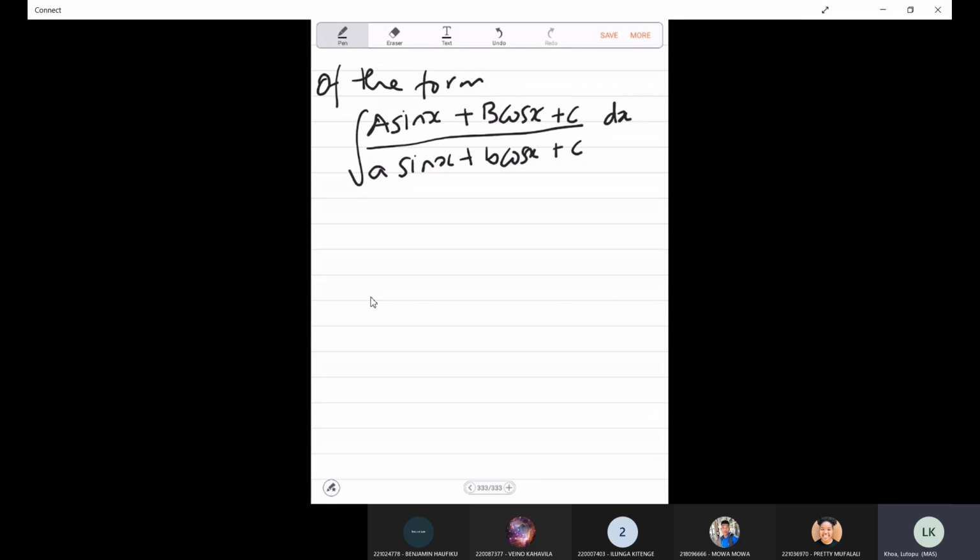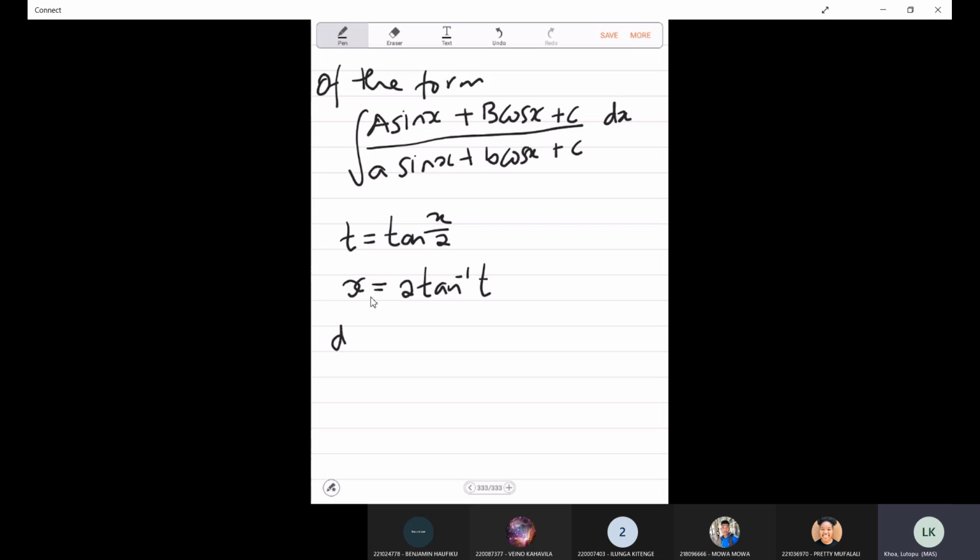So what we do is we know that t, or the t substitution, we say t is equal to tan x over 2. We can make x the subject of the formula. This means x is equal to 2 times tan inverse of t, and then we can work out dx and dt.